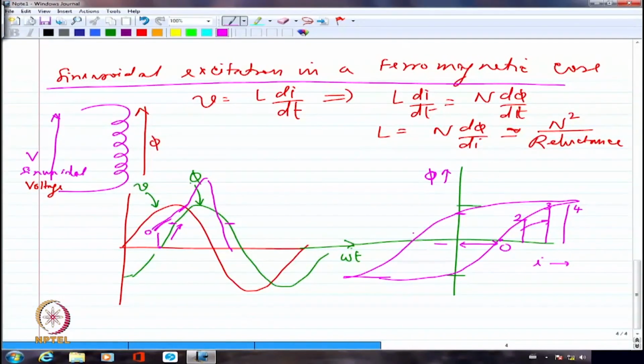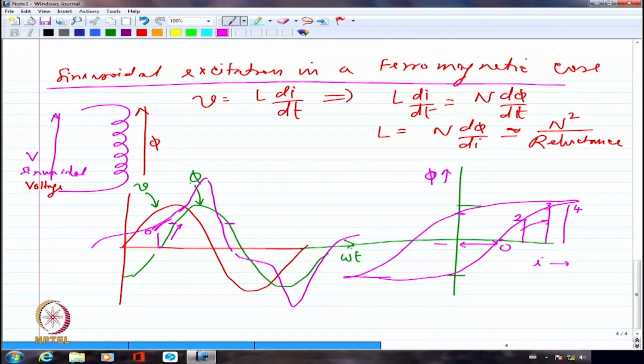The current is increasing quite a bit without making much of a change in the flux. So, you may have a wave shape somewhat like this as far as the current is concerned, because there is the hysteresis property. The hysteresis property ensures that wherever I have the saturation playing a role, the current is varying very fast without the flux varying much.